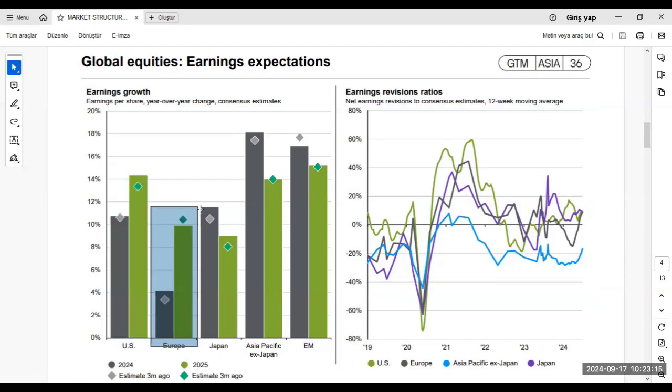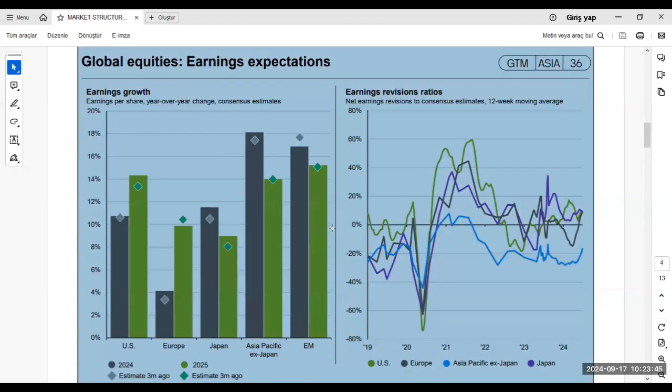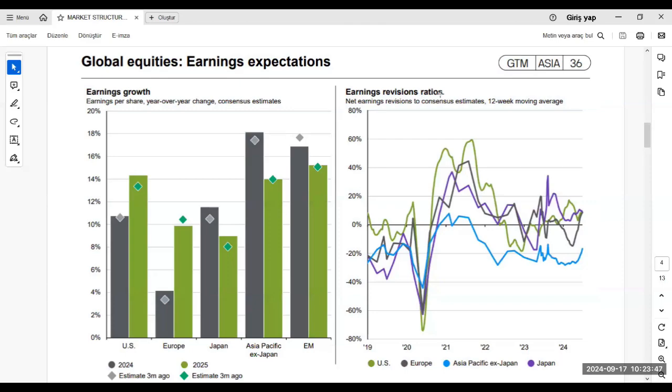But in Japan and the Asia Pacific region, the 2024 earning is higher than 2025, meaning that lots of people have an expectation that the overall earning in the company valuation and their net profit will decrease in 2025, and rather than buy, they hold or sell the assets in Japan and Asia Pacific. And the earning revision ratios.